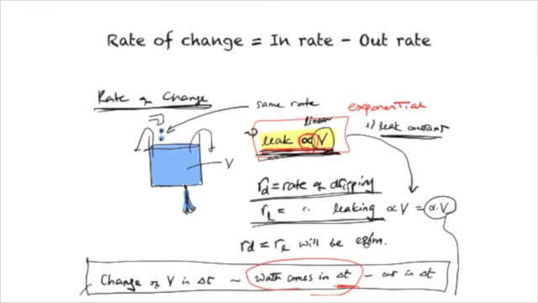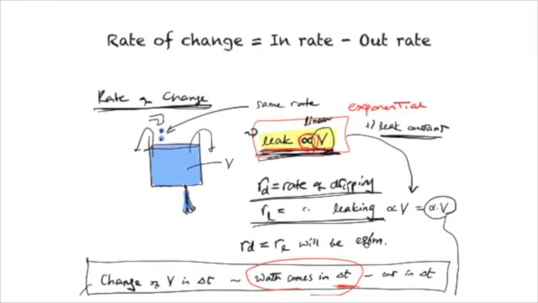Now we suppose that the out rate is the leak, which is linearly proportional to itself, the volume. The condition we are essentially considering is that the rate of change of the volume of water is proportional to the volume of water itself.